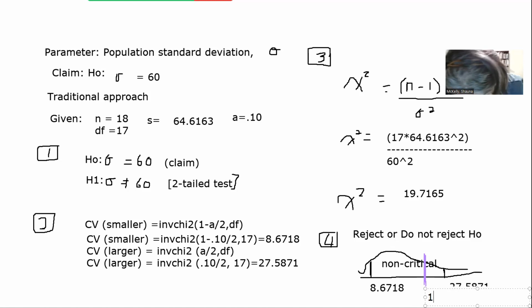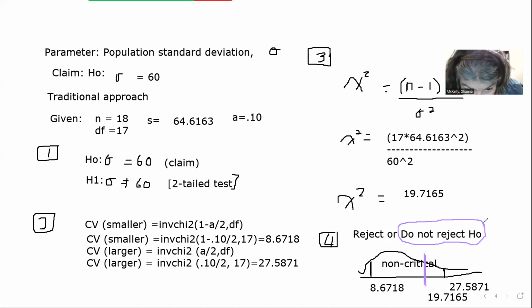This is 19.7165. And therefore, I'm not going to reject the null hypothesis. Based on the fact that I'm in the non-critical region, I do not reject H0.